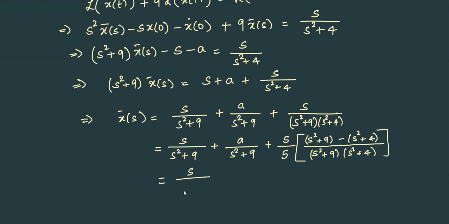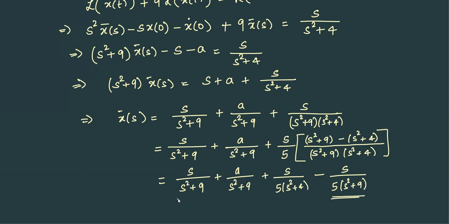So s by s square plus 9 plus a by s square plus 9 plus, let us see, s by 5 s square plus 4 minus s by 5 s square plus 9.